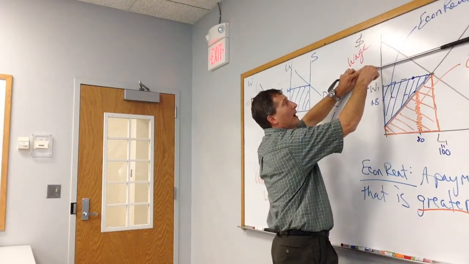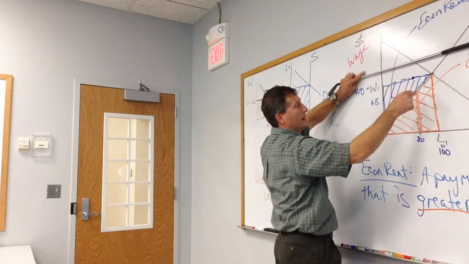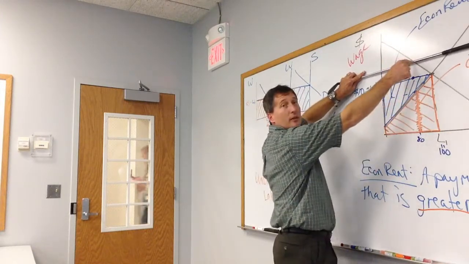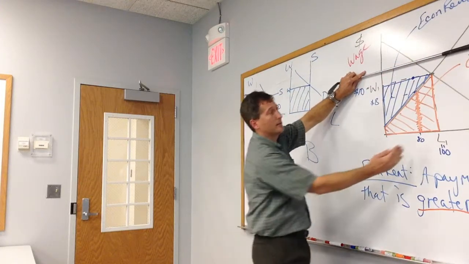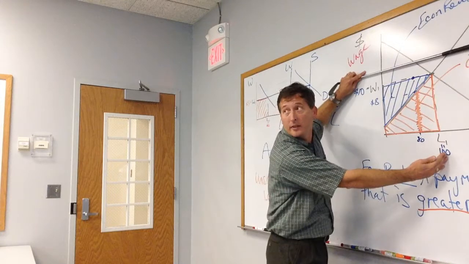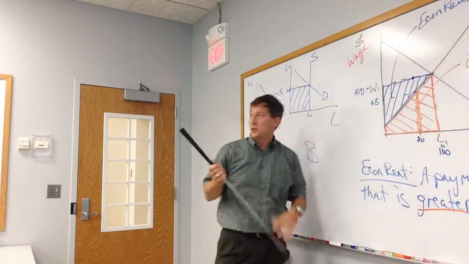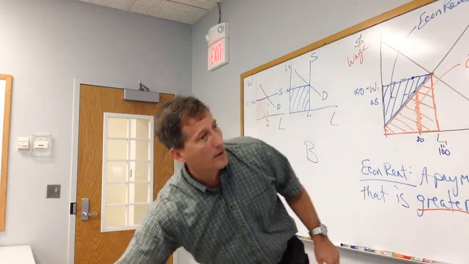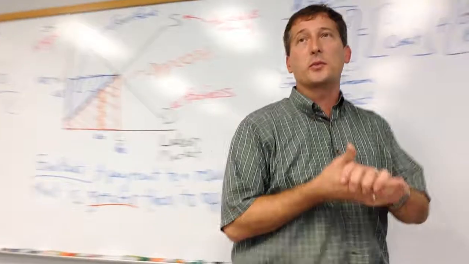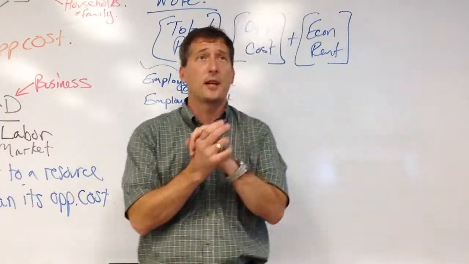But at $15 an hour, employers are only going to hire 80 workers, right? And that's what causes the deadweight loss, because the efficient outcome is allocatively efficient, where the marginal costs and marginal benefits of additional people being employed are equal. So we're losing out on opportunities to increase welfare, and that's the deadweight loss. Okay, good. Any other questions, comments?